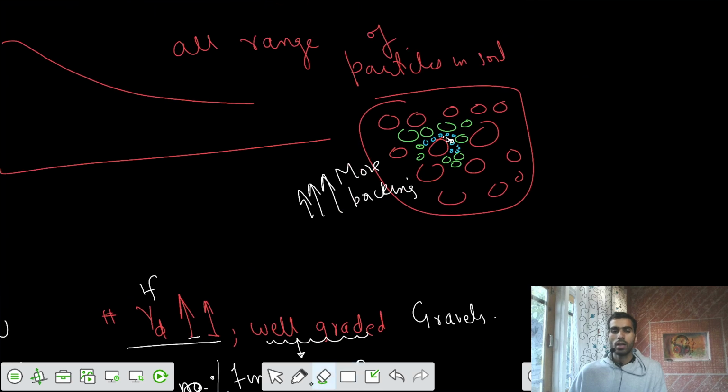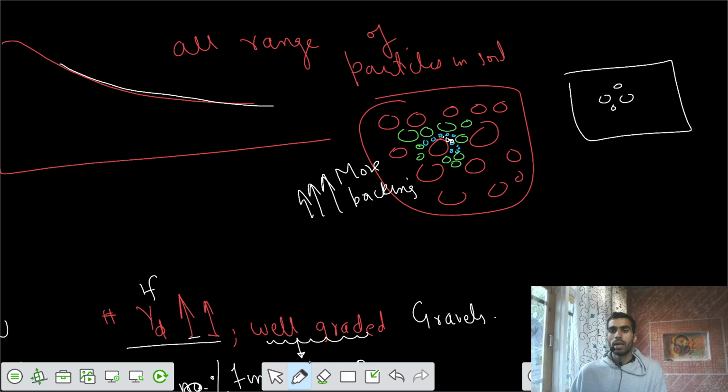Those fines also have a range of particles, so one size will fill a particular void, and the void of that particular size will be filled by one more particle of lesser size, and so on.